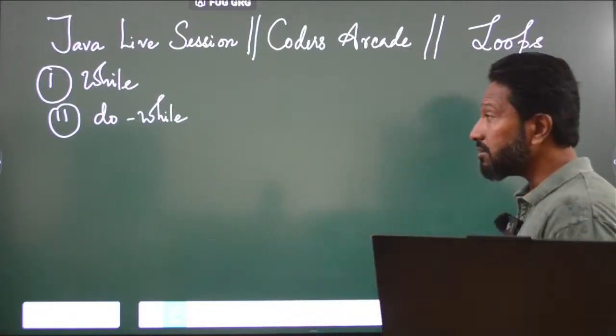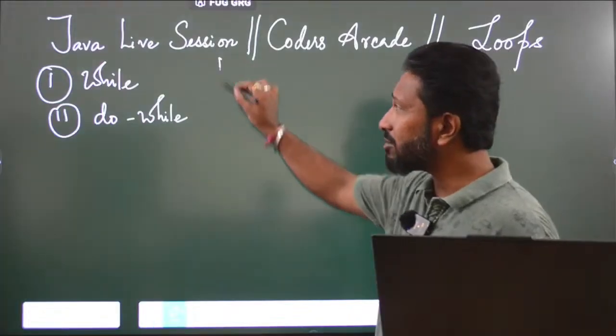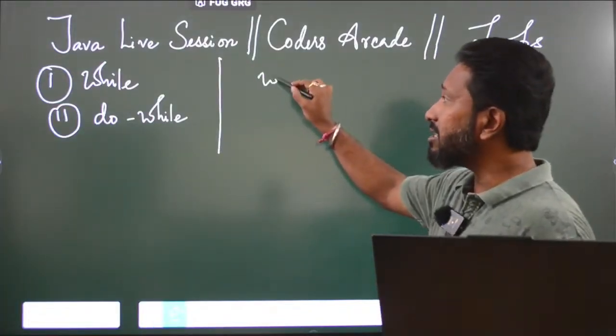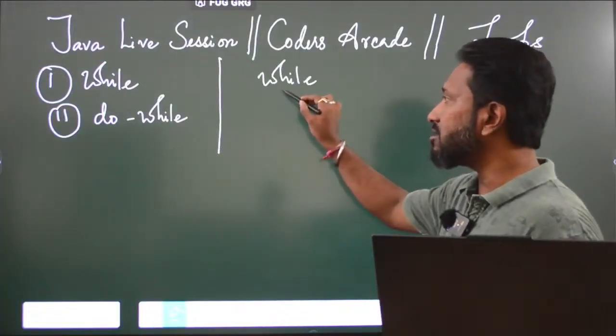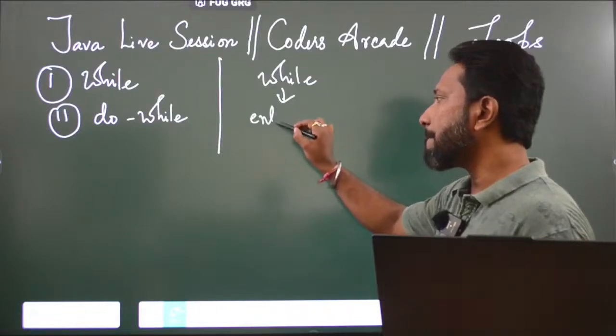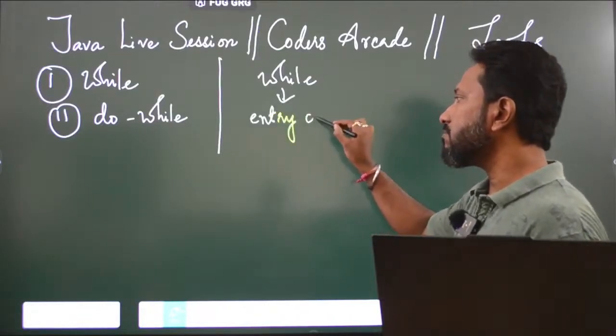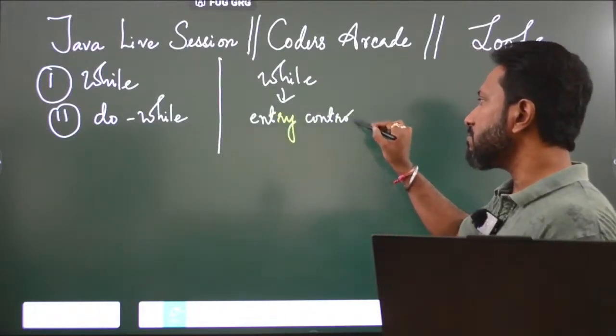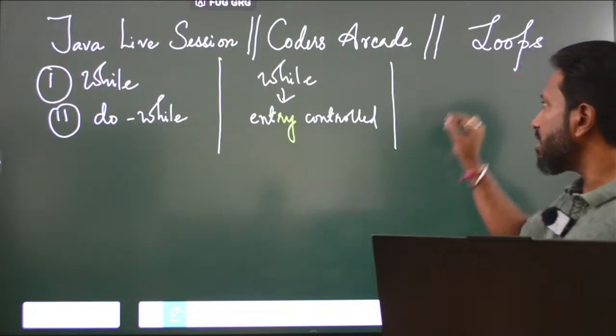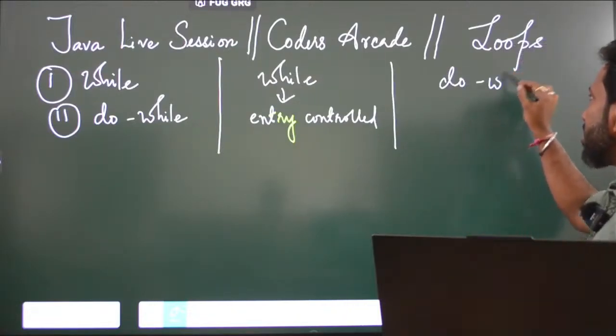Let me just tell you the difference. While is also known as the entry control loop, and do while is actually known as the exit control loop.